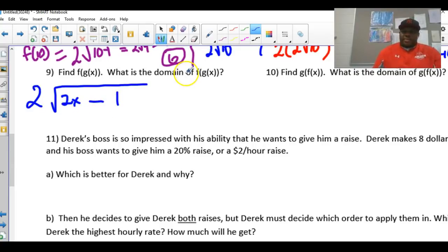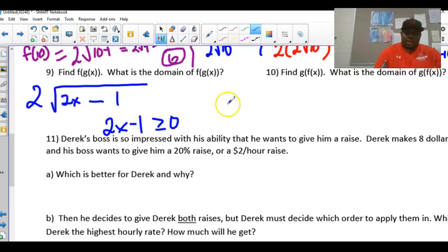And then let's just find a domain. Well, this is a radical, okay? So whenever you find the radical's domain, you have to remember that the smallest square root possible is 0. All right? That's the smallest square root that exists, okay? So what that means is I take what's underneath the radical and set it greater than or equal to 0, like that, and solve it.